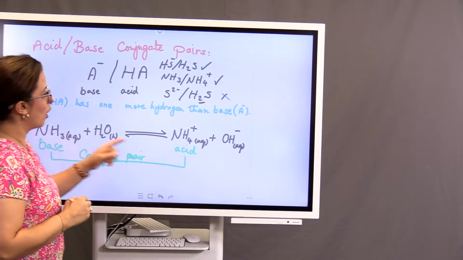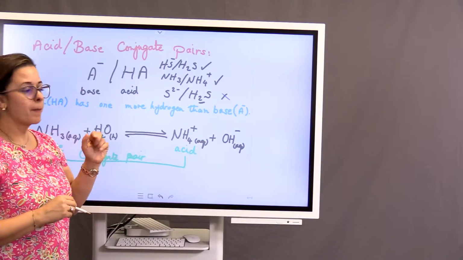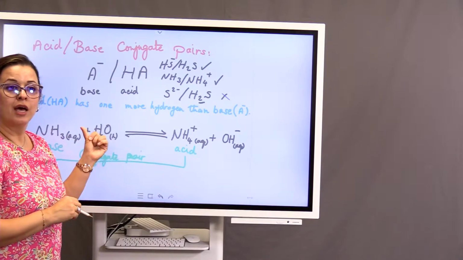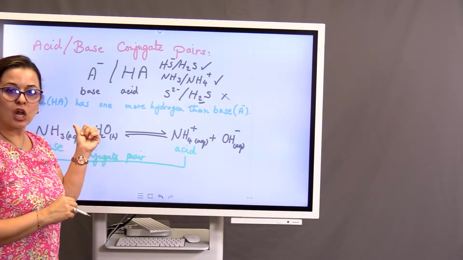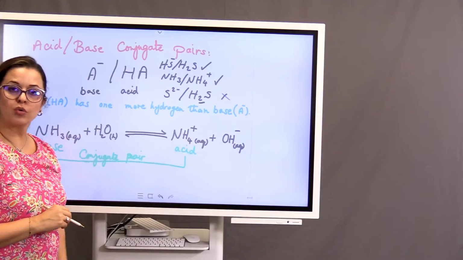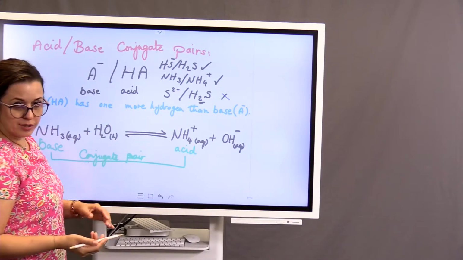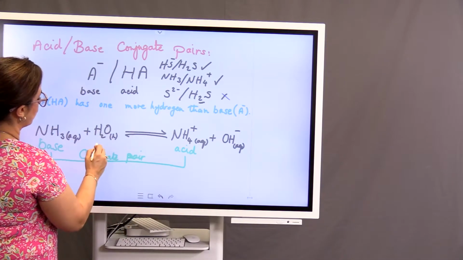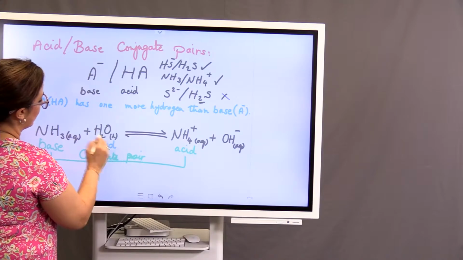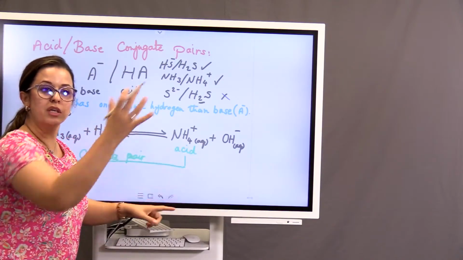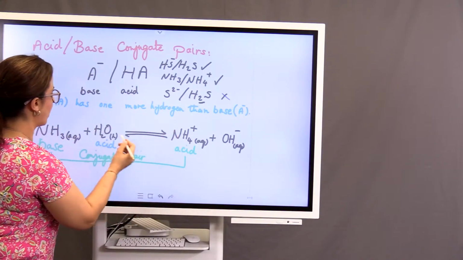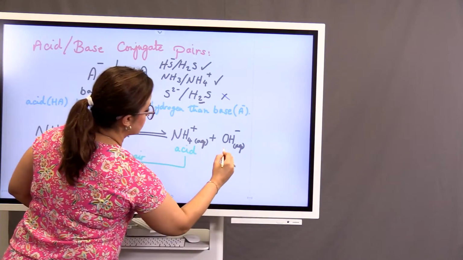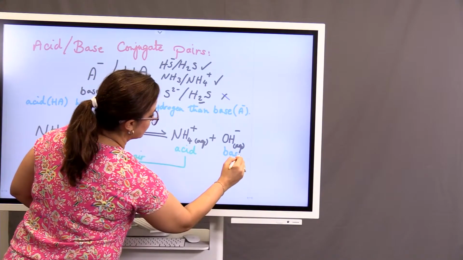Between H2O and OH, what happened? I'm sure you will say it seems like H2O has lost 1 hydrogen to change to OH. So according to the definition for Bronsted-Lowry acid, H2O is acid, and OH on the other side is ready to grab 1 hydrogen and go back to H2O. So this should be the base.